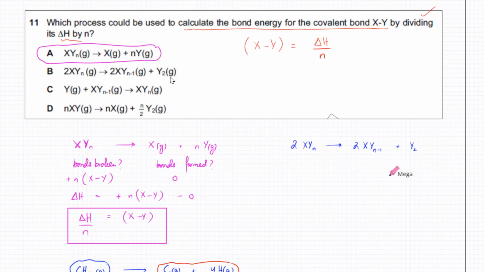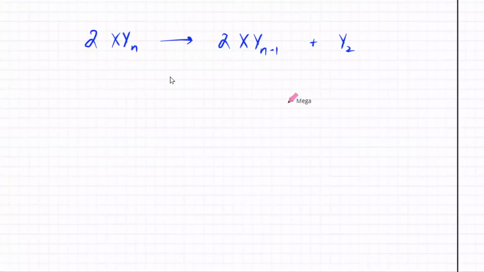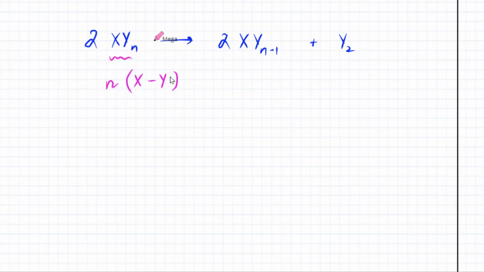Now look at this reaction. Let's try and figure out how many bonds are broken. So remember what we just did. XYN means you're breaking N bonds of X and Y. Like CH4, you're breaking 4 CH bonds.